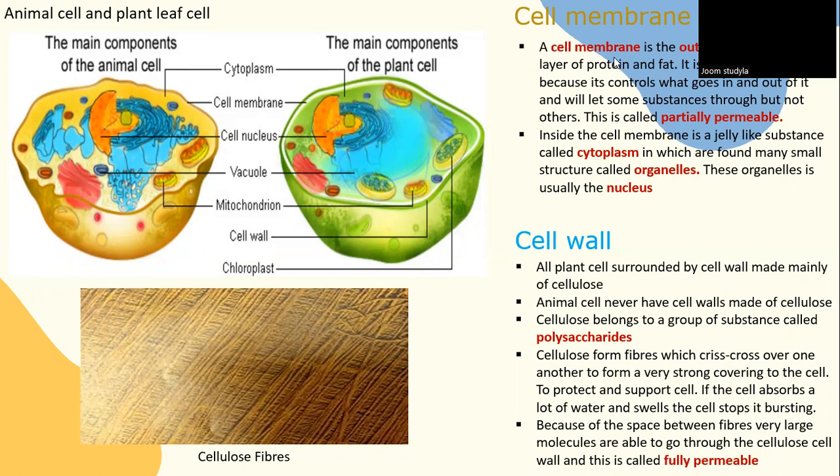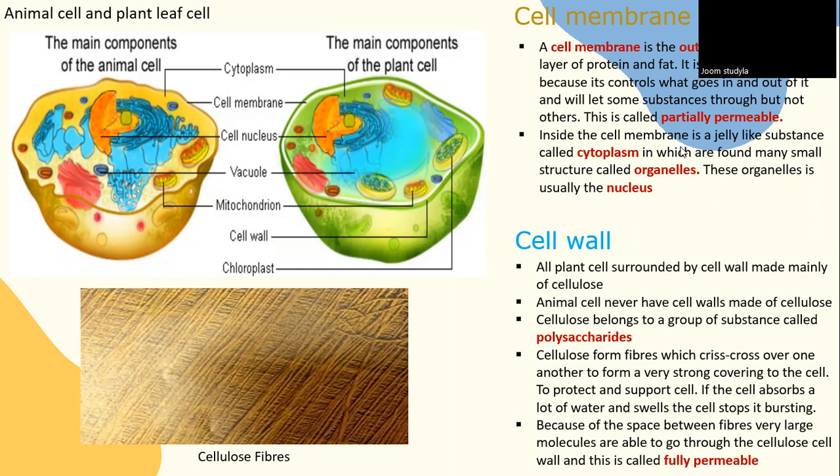A cell membrane is the outermost, very thin layer of protein and fat. It is important to the cell because it controls what goes in and out of it and will let some substances through, but not others. This is called partially permeable.